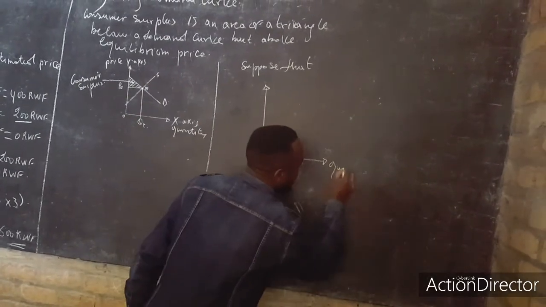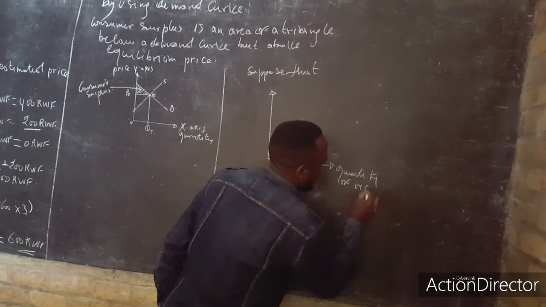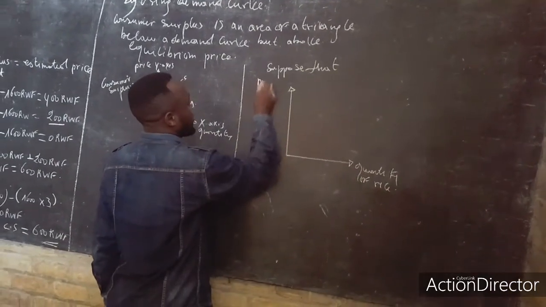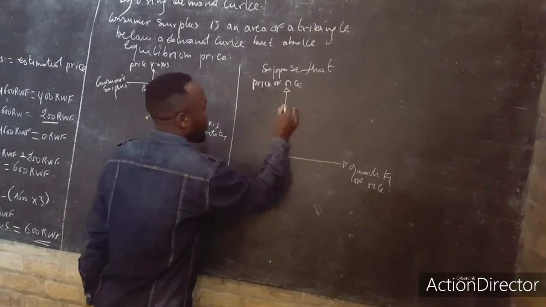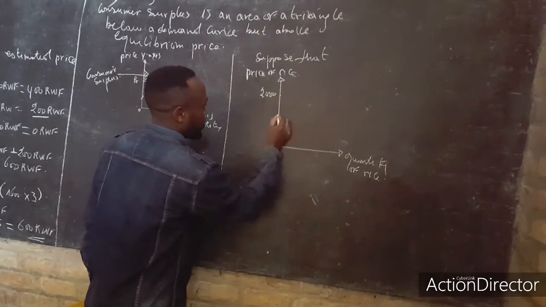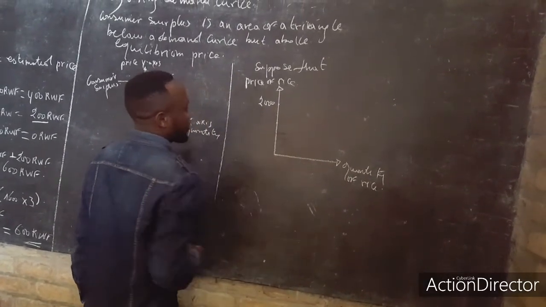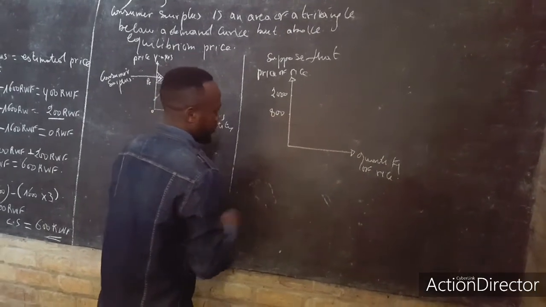Here quantity of rice, price of rice. Here we have 2,000. Here we have as equilibrium price 800 Rwandan francs.